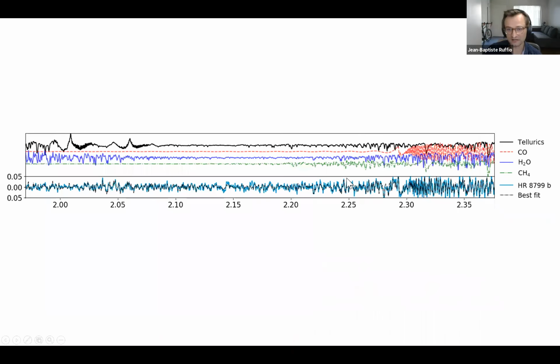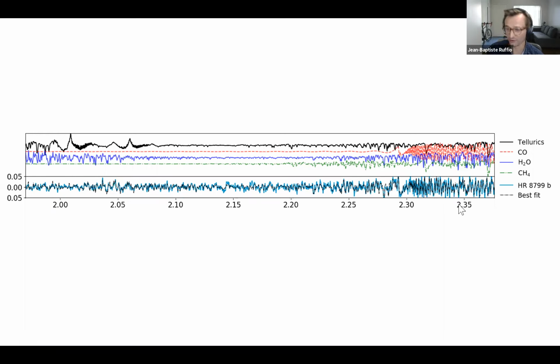To give you an idea of the kind of data and the quality of the data we're working with, here you have the combined high-pass filtered spectrum of HR 8799 b. I've also plotted molecular templates, so carbon monoxide, water, and methane, for comparison, so you can identify the lines. Just as a detail, we're actually not fitting these extracted spectra.